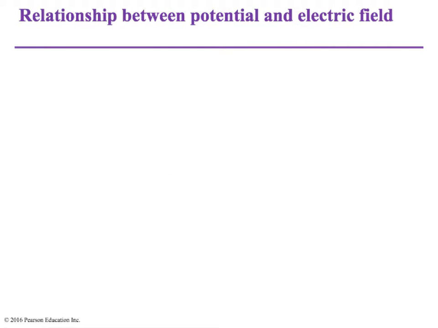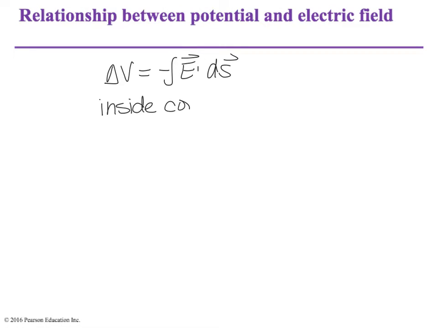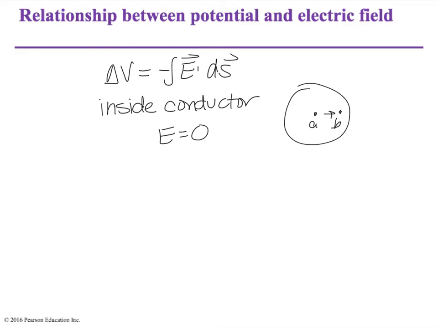So we want to remember that there's a relationship between the change in potential and the electric field. And so if we think about inside the conductor, if we move between 2 points inside the conductor, so if I go from point A to point B, we know that the electric field everywhere in the conductor is zero.